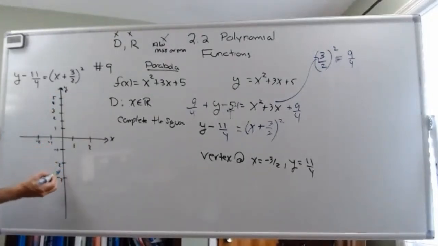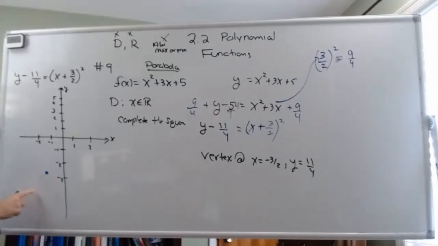Here's negative 8, 9, 10, 11 quarters and 3 halves. So it's right about here. That's where the vertex is, and its coordinates are negative 3 halves for x and positive 11 quarters for y.